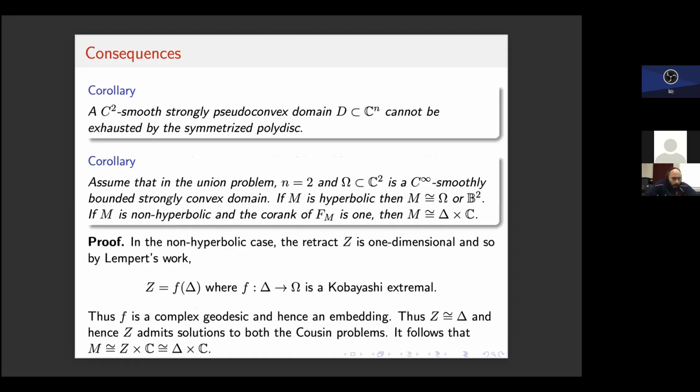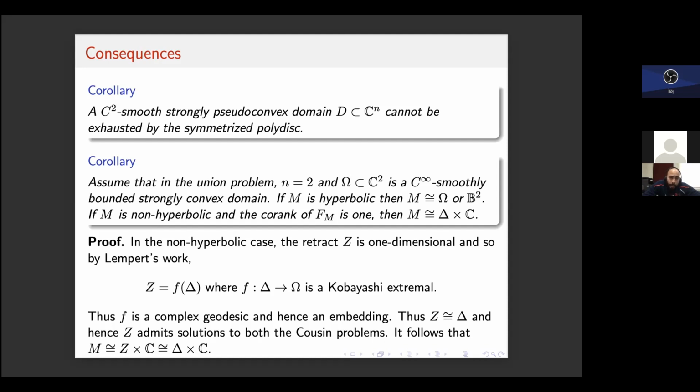Okay, some quick corollaries. The first one is: suppose we have a smooth, strongly pseudoconvex domain in C^n. Then one cannot exhaust it by symmetrized polydiscs. This is because, you see, it's a strongly pseudoconvex domain, so our Theorem 1 applies in this case.